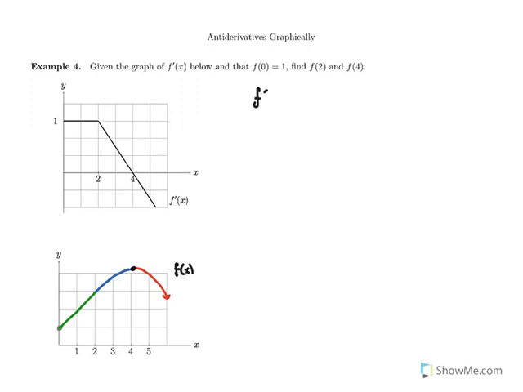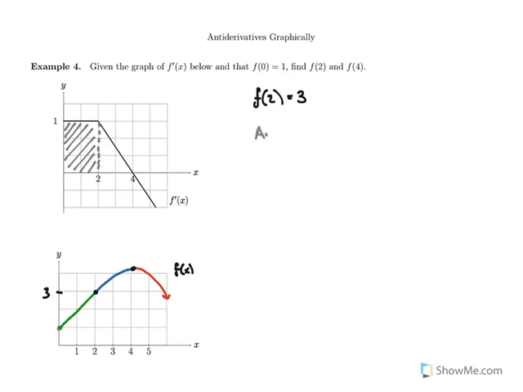So note that f of 2, we could just use the graph itself of f and find out that that's equal to 3. But we can also use the original derivative to find that information. We could be thinking about the area under the curve from 0 to 2.